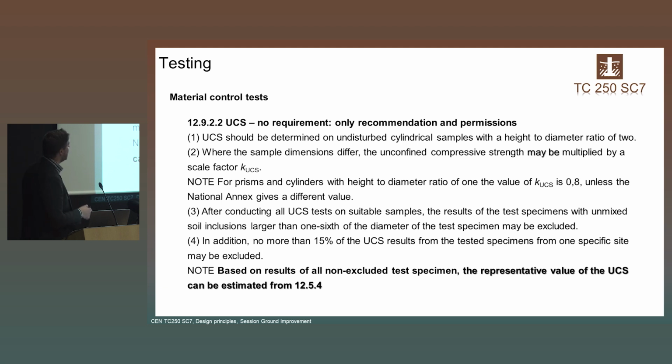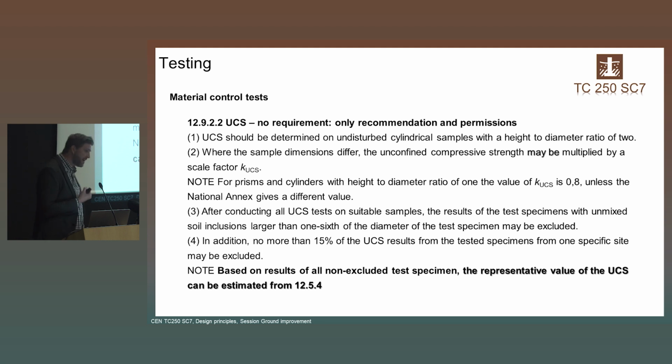Another remark: after conducting all the UCS tests on suitable samples for testing, the results of the test specimen with unmixed soft soil inclusion larger than 1/6 of the diameter can be excluded from the analysis.